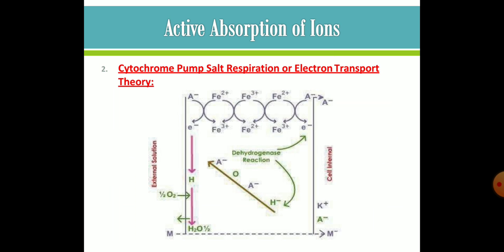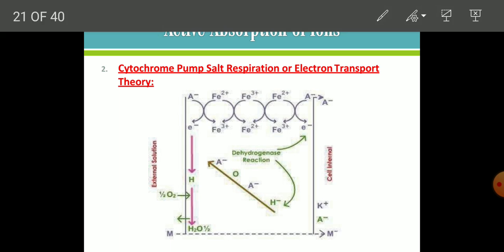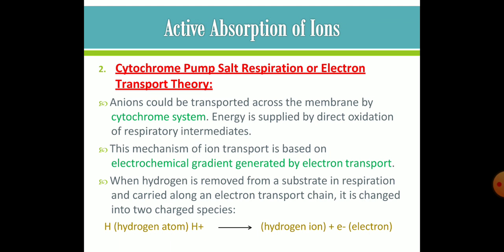The other active absorption theory is the cytochrome pump theory. Here the cytochrome pump theory involves the electron transport mechanism. What you are looking at in the picture is how the electron is carried from one side to the other side of the cell membrane.